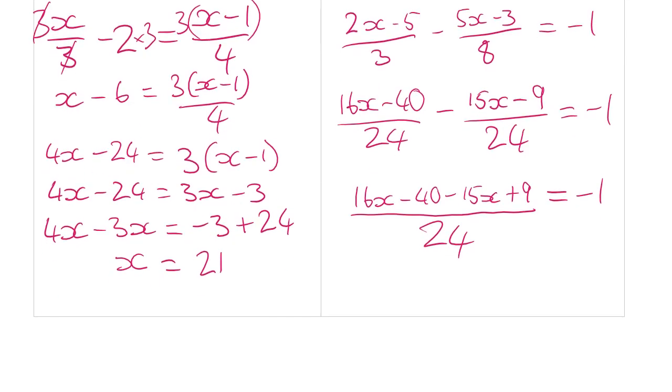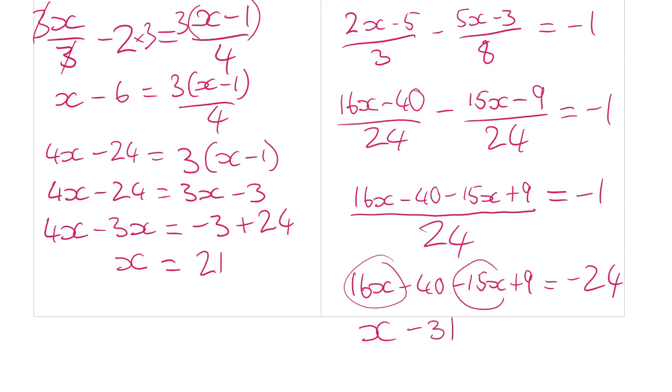Okay, so it's still divided by 24, which just means that I need to multiply both sides by 24. So I'm going to have 16x minus 40 minus 15x plus 9 equals negative 24. Great. So then I've still got x here and negative 31, because 16x minus 15x gives me x and negative 40 plus 9 gives me negative 31.